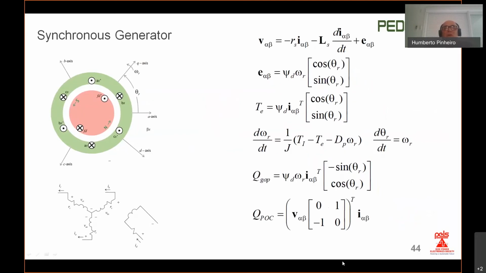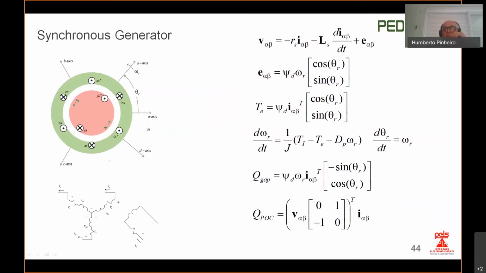In power system analysis, it's usual to consider positive current flowing out of the machine, because it is a generator, so we have to change the sign of these two quantities. We then assume that the electromagnetic torque is positive for generation action.